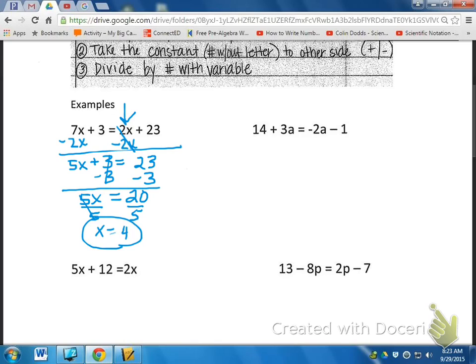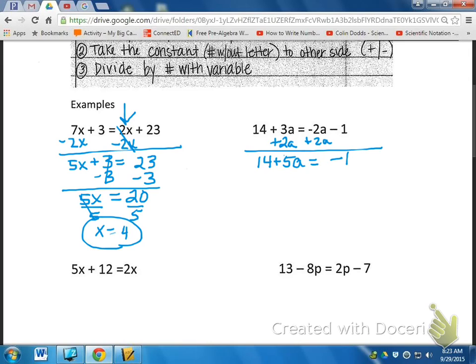Okay, so how can I make negative 2a go away? Yeah, so you add 2a here and here. And now, Trayton, what do I have left from left to right? 14 plus 5a equals negative 1.